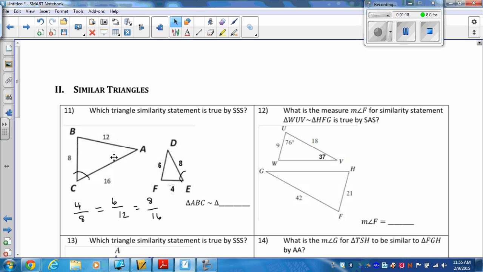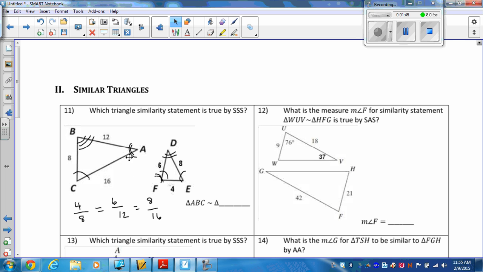Okay, so angle A has to match with the longest side and the middle side, or angle D. So these two angles are the same measure. So remember, the angles are the same measure and the lengths are in proportion. And of course you see that this means that the third side has to be the same as well.